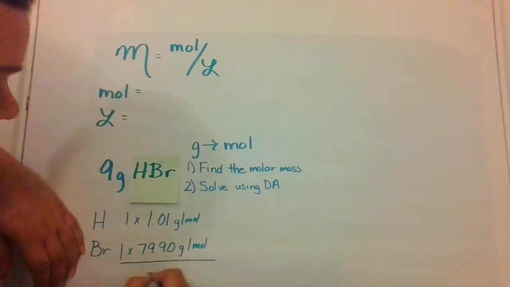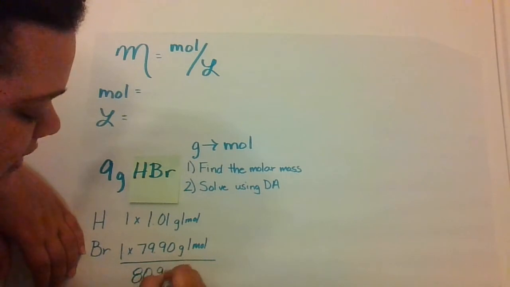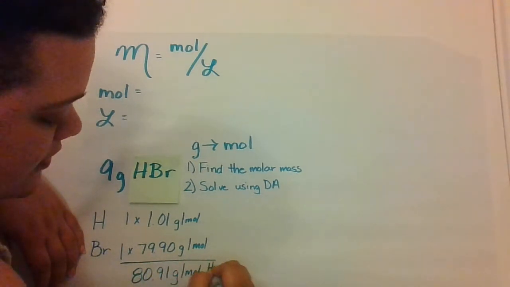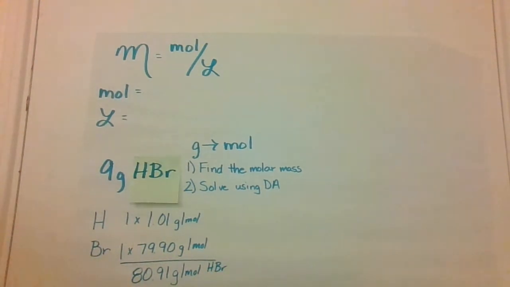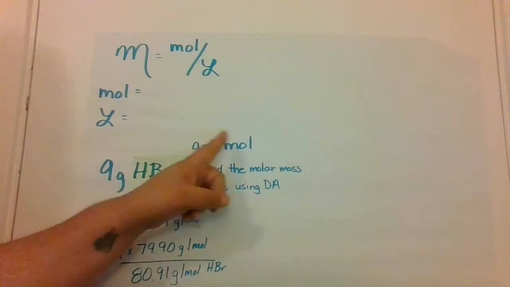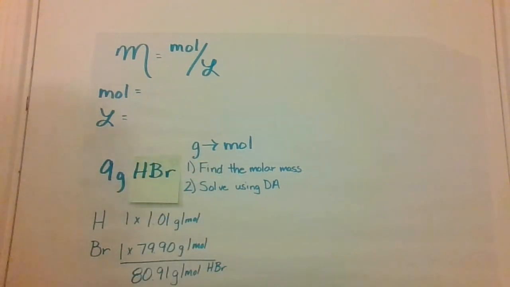So we have 80.91 grams per mole when dealing with HBr. So now we can go in and solve our grams to mole problem using dimensional analysis and our ratio here for our molar mass.